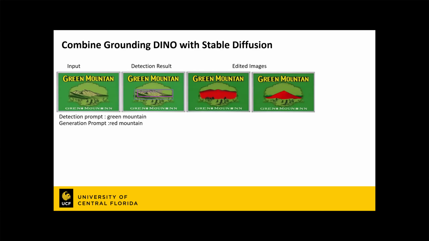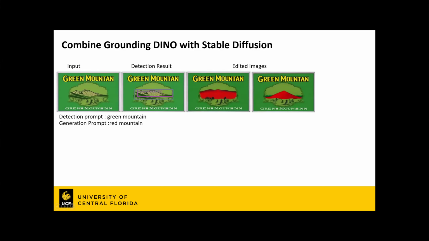The detection prompt is similar to prompts that you see earlier in this presentation for detection. As you can see here, the detection prompt given is Green Mountain, and it creates this bounding box around what it detects as the Green Mountain.